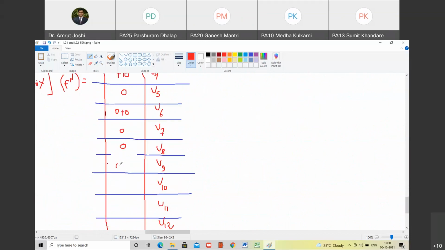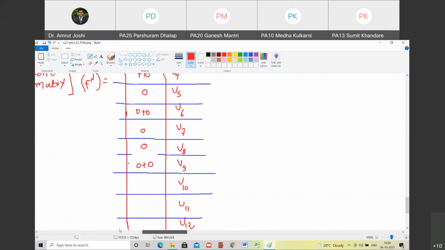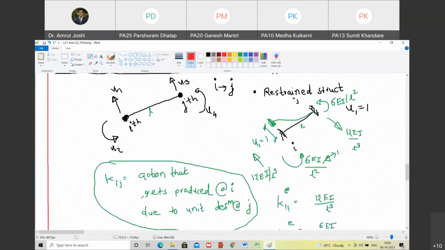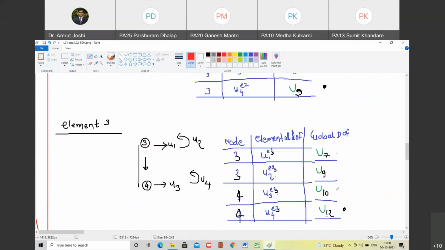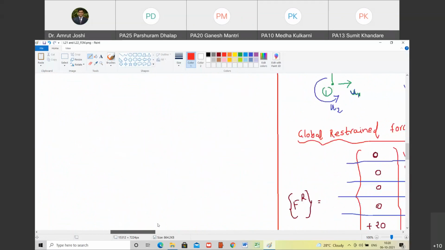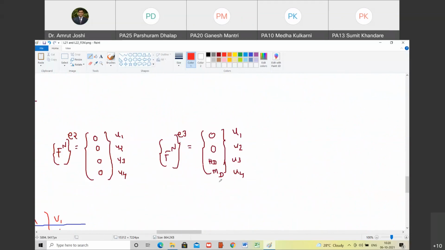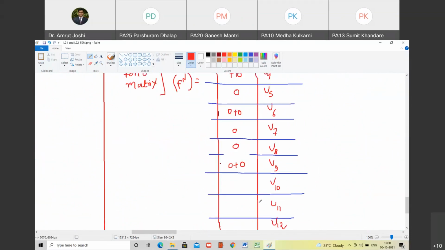Do you agree with me? Yes, sir. What can you say about U10? U10. Third element. Third degree of freedom. So let us have a look at that. Third element, third degree of freedom. It is plus HD. So can I write it as plus HD here? Happy?